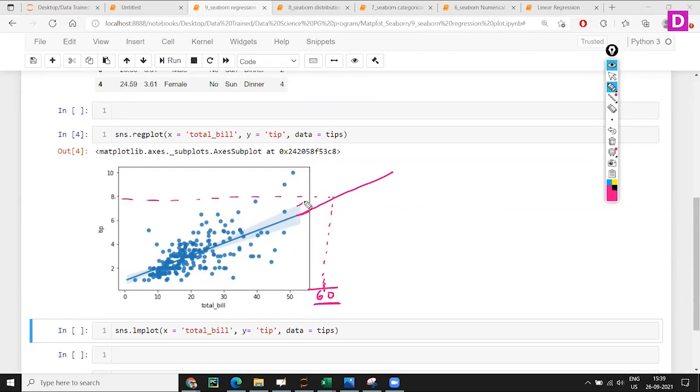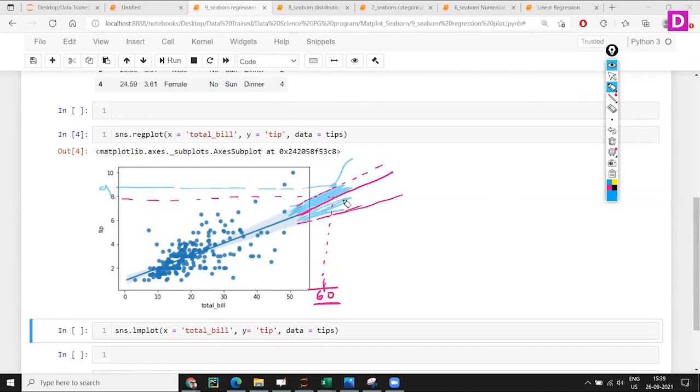And what are these shades? These shades are basically telling me, I may be wrong here, okay, I'm just trying to explain. Suppose these are the shades. So the top shade, above this particular line, is saying that on the upper side, the maximum tip you can expect is say $9.